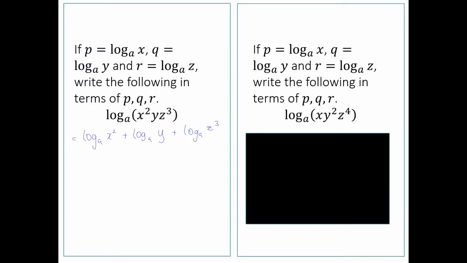So we can start off by undoing the multiplication and putting it back into addition. And then we bring the powers down, because we've only just got x here. So this is 2 log A x, which then would be 2P. Log A y, well that's Q, and then this one is 3 of what log A z is, so 3R.